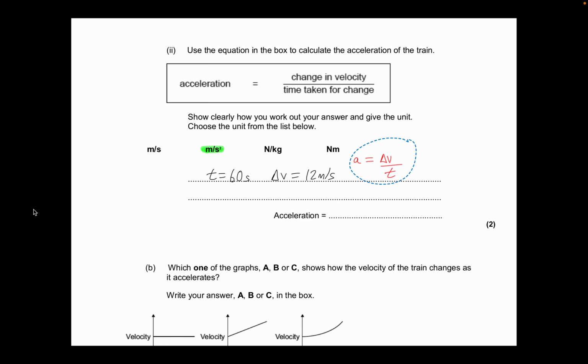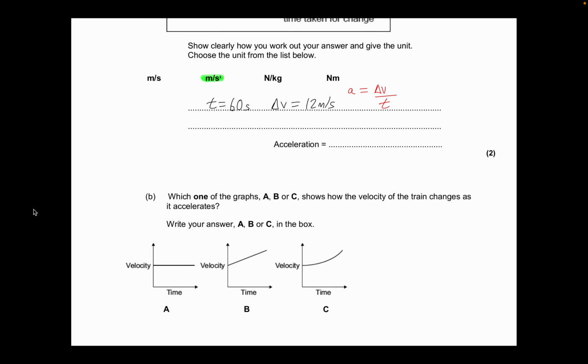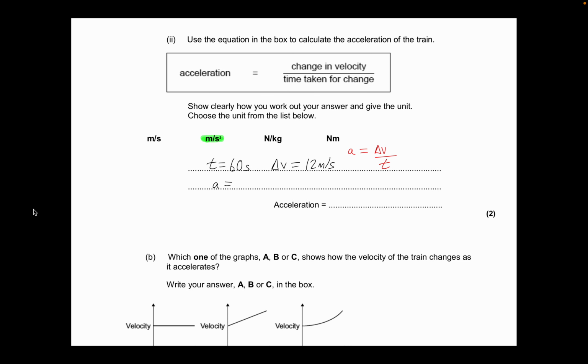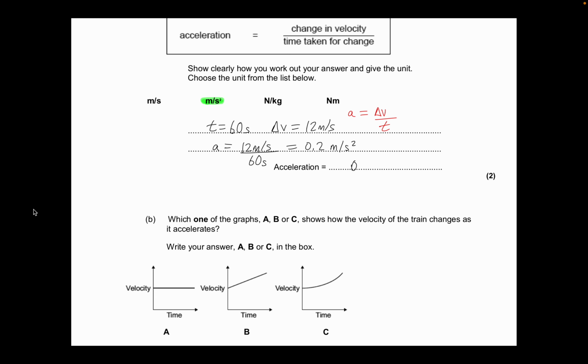So you just need to substitute 12 meters per second divided by time, which is 60 seconds, given in the question. That's going to give you your acceleration, which is 0.2 meters per second squared. Really important, write it in the answer. 0.2 meters per second squared. All right, let's move on to the next question.